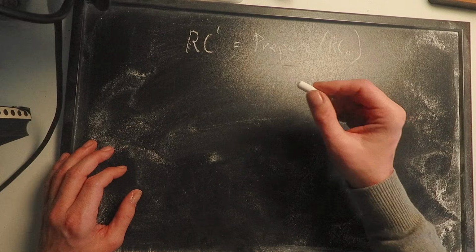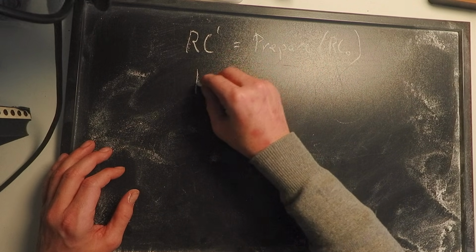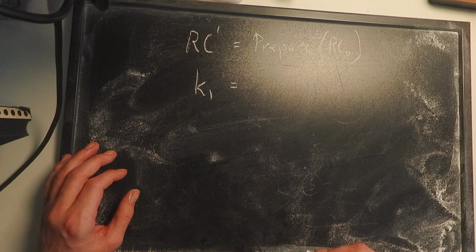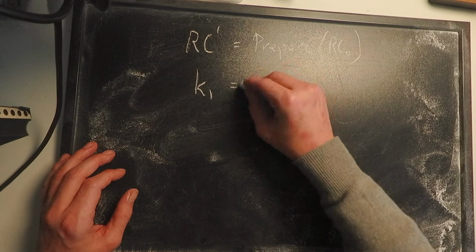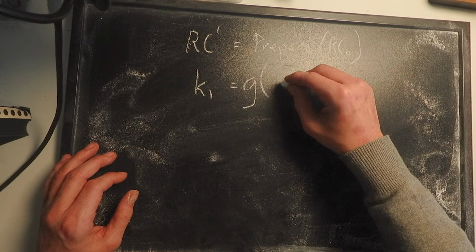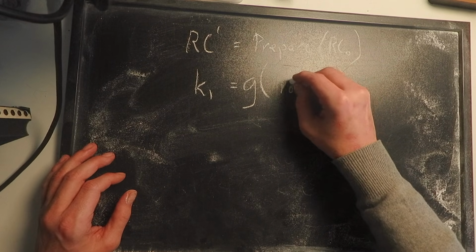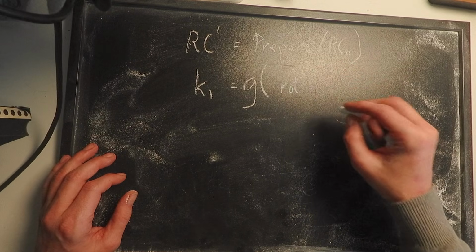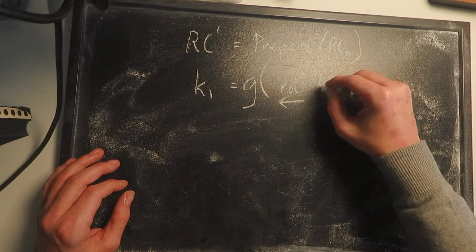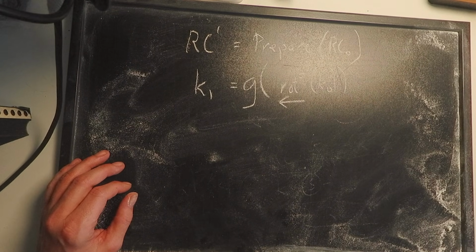So K1 is equal to the G function of the rotation 7 bits left of K0, like so.